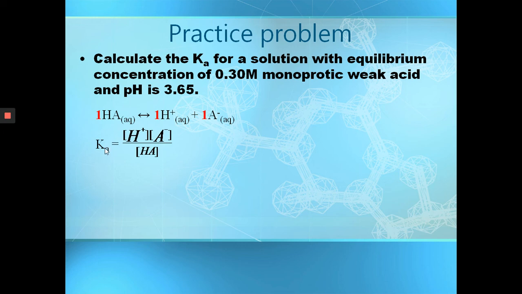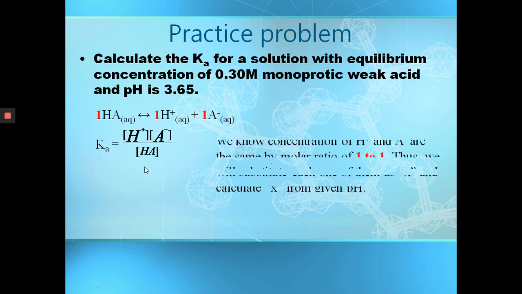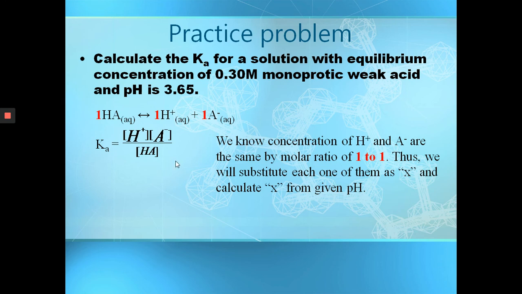So the equilibrium expression should be the product over the reactant. And we know that the concentrations of H and A again are 1 to 1 because their ratio is 1 to 1. So if I substitute one of them as X, the other can also be expressed as X in terms of molarity and concentration.